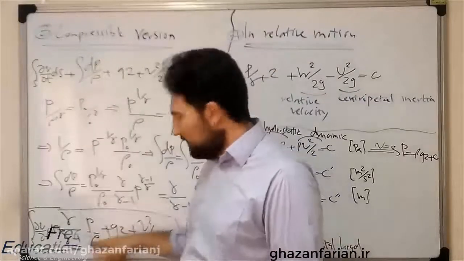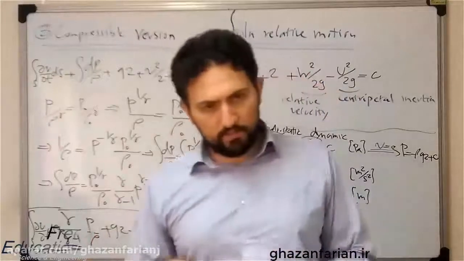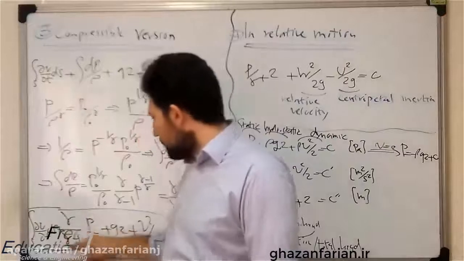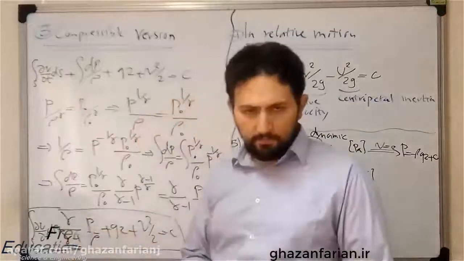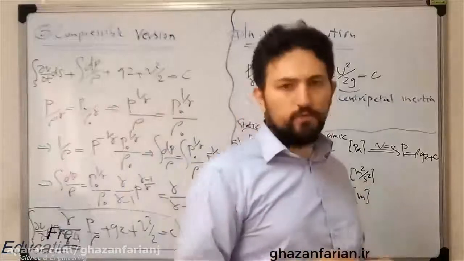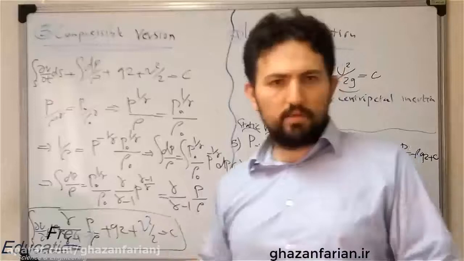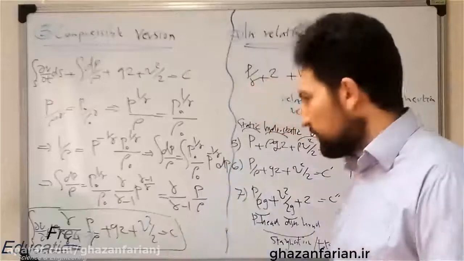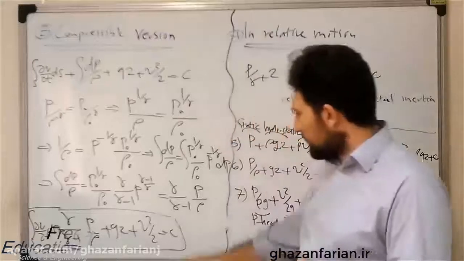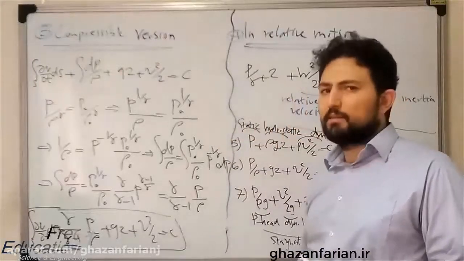This form is the only difference between the compressible and incompressible Bernoulli's equations. As you see, we have a factor gamma over gamma minus 1. Gamma is the specific heat ratio Cp over Cv, which is equal to 1.4 for air at standard temperature and pressure. This is equal to a constant, which again is a function of the streamline and time.